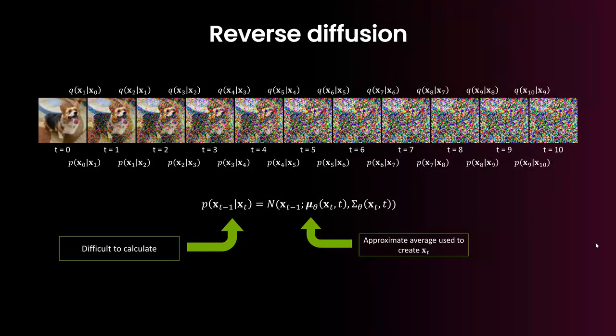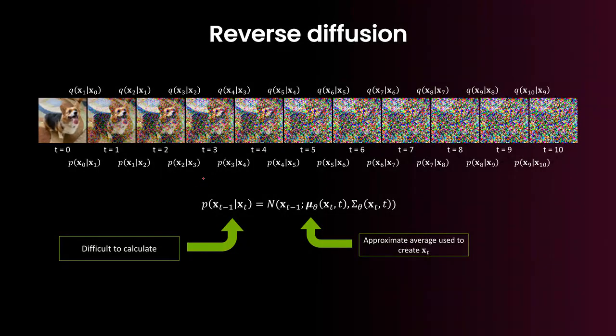If you don't have information about what's done or how many steps in the forward diffusion process, it's difficult to calculate how much noise I have to remove, or how much I have to denoise these pixels.